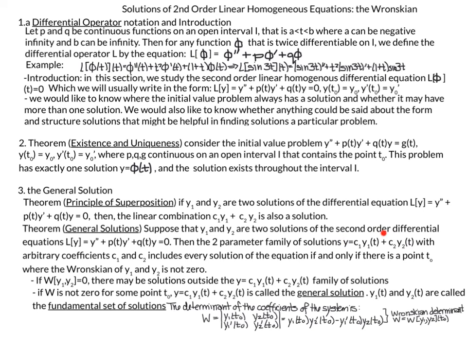We can determine if it's a general solution by looking at the Wronskian, and we verify that the Wronskian is not equal to 0. If the Wronskian is equal to 0, there may be solutions that do not follow this form. If it's not 0 at some point t naught, then the linear combination is called a general solution, and y1 and y2 are called a fundamental set of solutions. We also talked about how to calculate the Wronskian with the determinant formula.